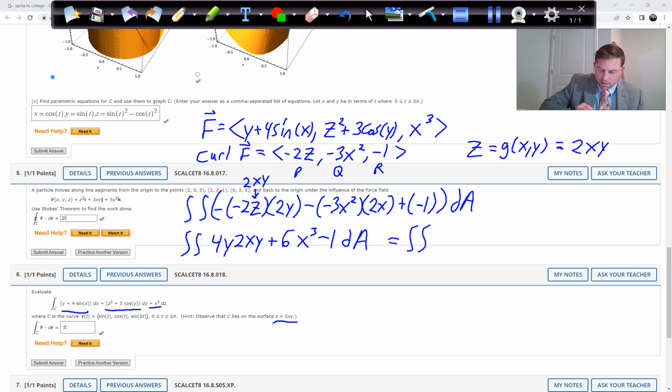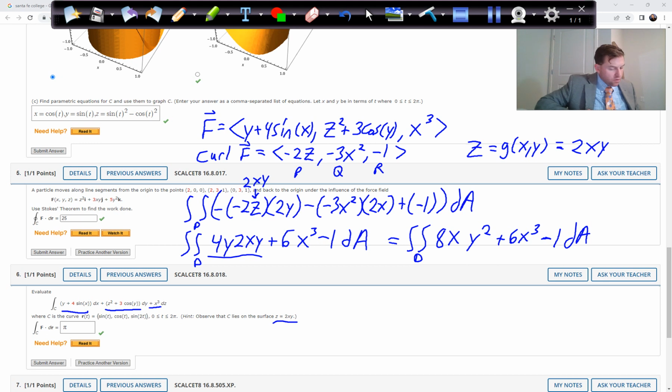So just doing this combination here, we get 8x squared y. No, I did that wrong. It's x y squared, 8 x y squared, and it's plus 6x cubed, and it's minus 1, and it's dA.